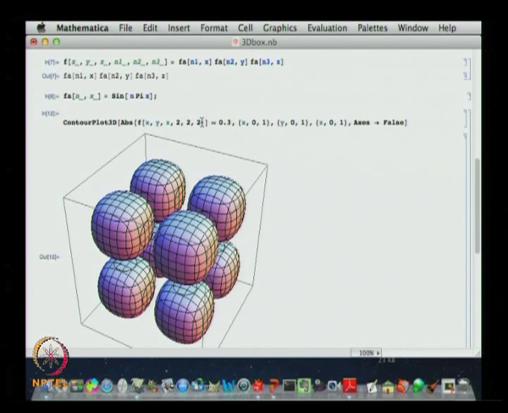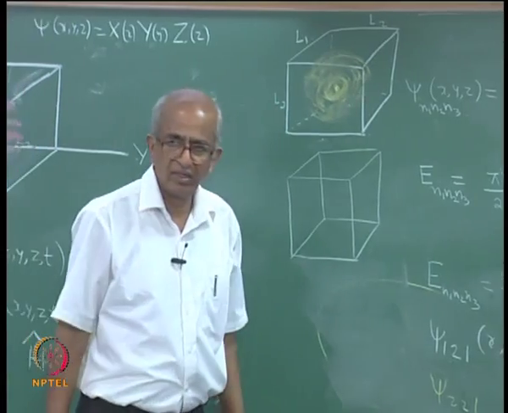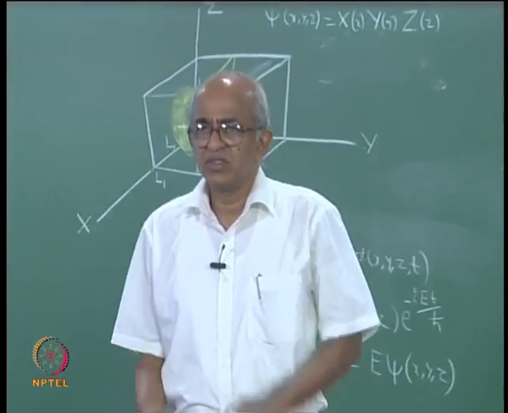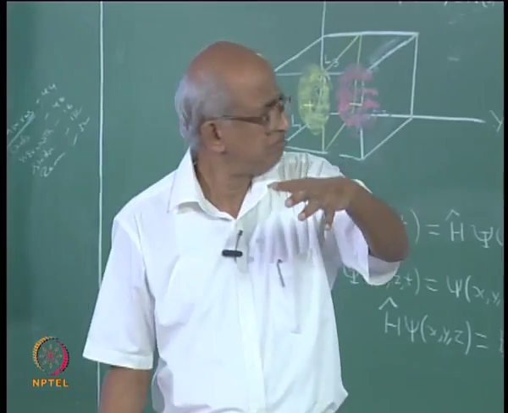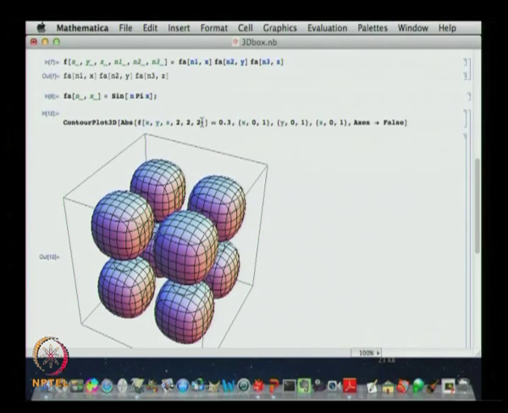This box I have assumed that all the sides are equal, but now suppose the length of the box in the z direction is increased a little bit. Then what will happen to your expression for energy?